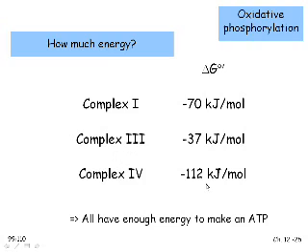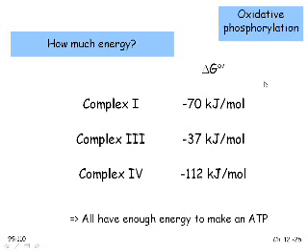Oxygen's powerful. But each of these complexes is enough to account energetically for making an ATP. They don't make ATP themselves, but they have enough energy happening to accumulate the energy to be used to make ATP. So each complex can account for an ATP molecule energetically.